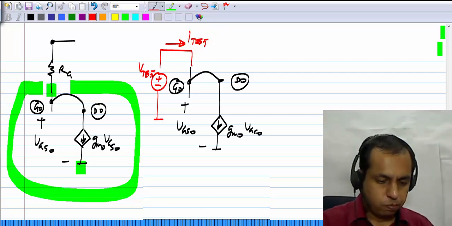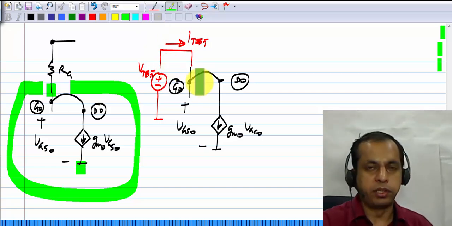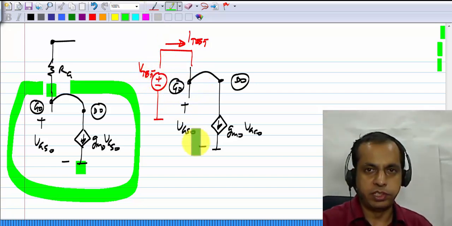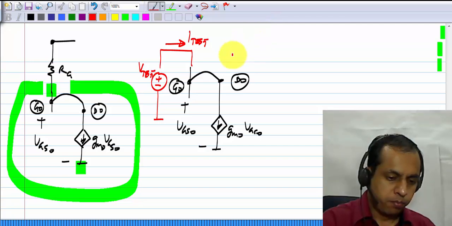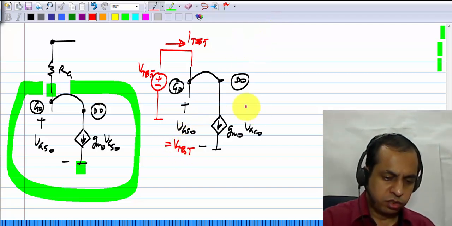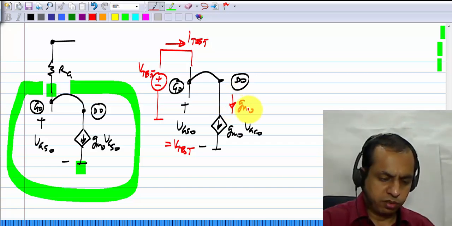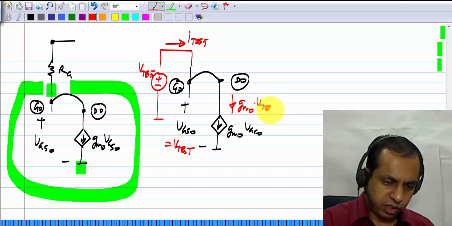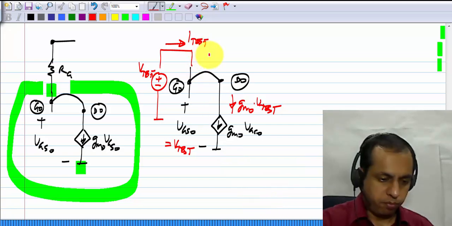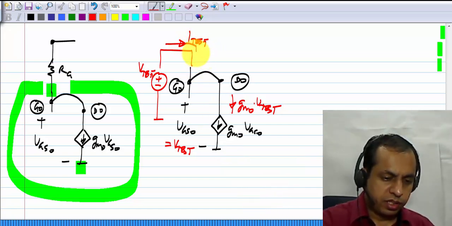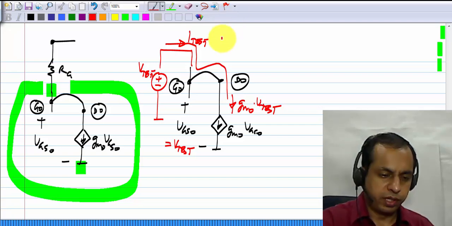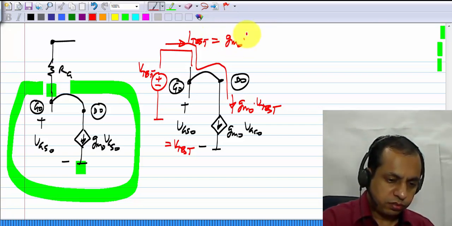What is it? Extremely easy to analyze. This V test itself is VGS0, right? So VGS0 equals V test. So this current here is GM0 times V test. This I test consists of only this current. So I test will be GM0 times V test.